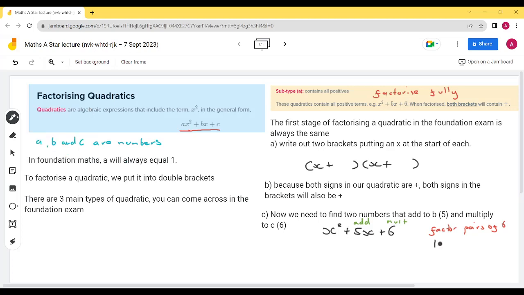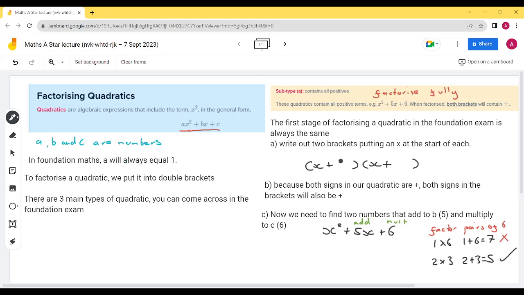You could have 1 times 6, but 1 plus 6 equals 7, so we know that's wrong. Or to make 6, we could do 2 times 3, and 2 plus 3 equals 5, which is exactly what we need. So we know it's that.